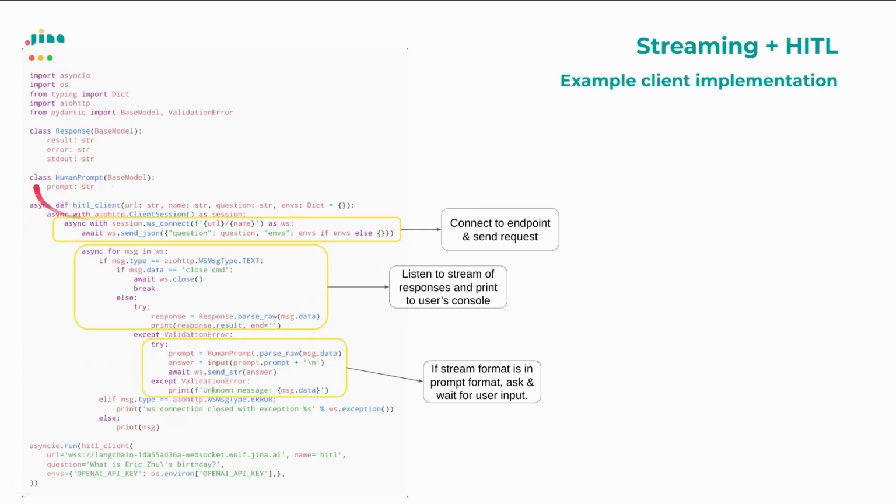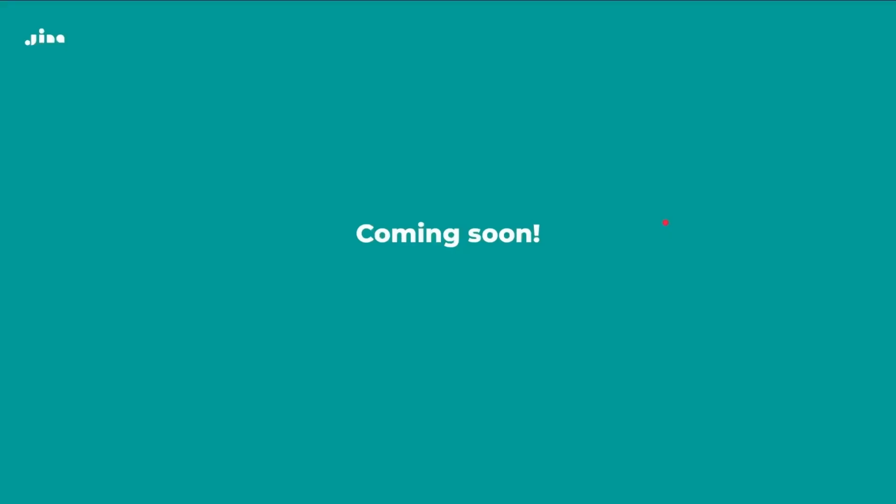That format is defined here, and whenever that is there, we ask for an input from the user, and whatever input we get, we just send it back to the server. And this is how the human in the loop is implemented in lc-serve. So that was a very simple example of enabling streaming and human in the loop.